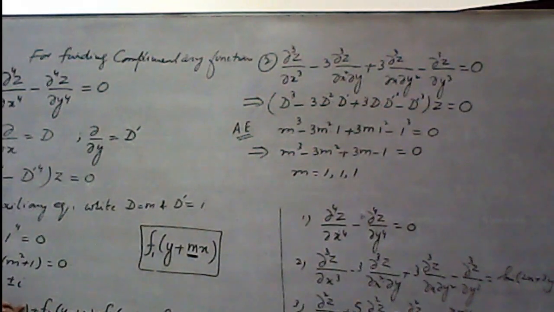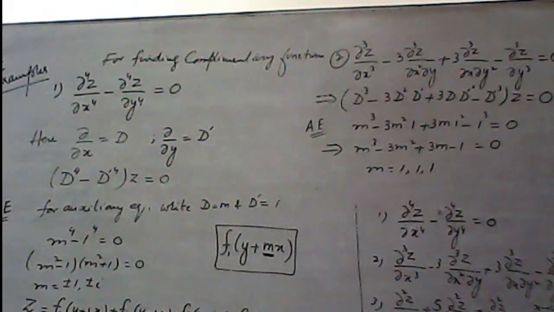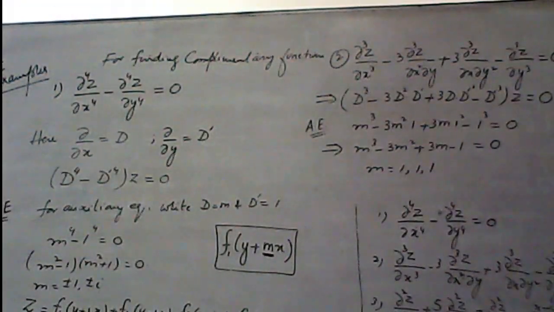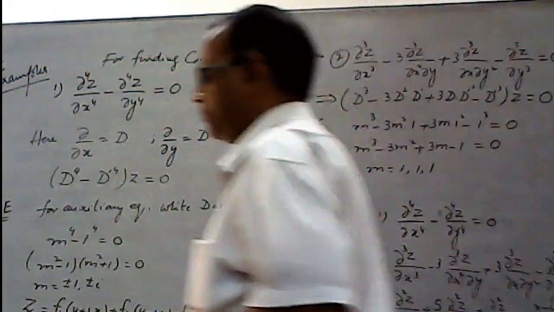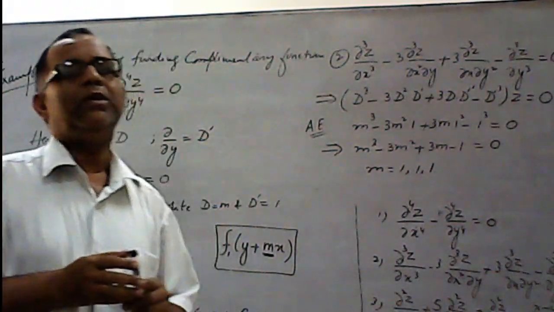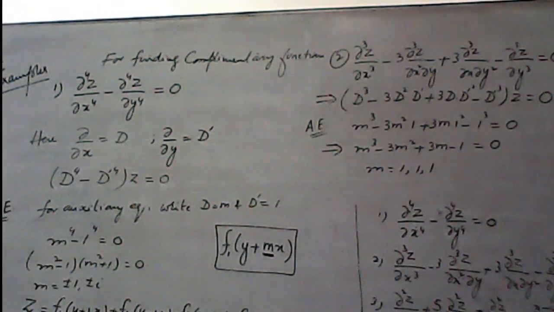If you remember, I told you that generally we have three kinds of roots: number 1 real and distinct, number 2 real and repeated, and number 3 complex.